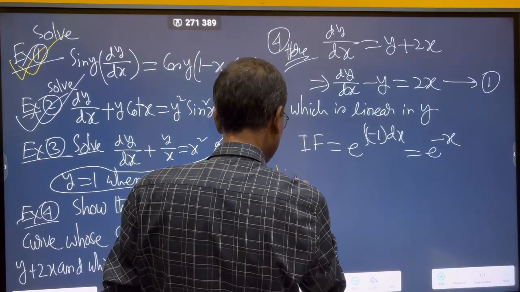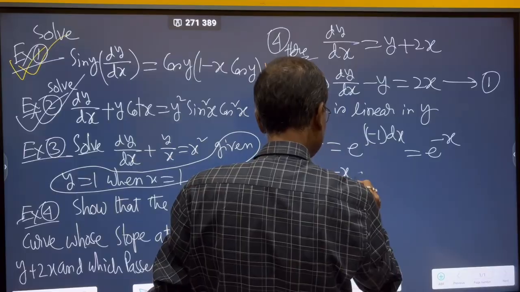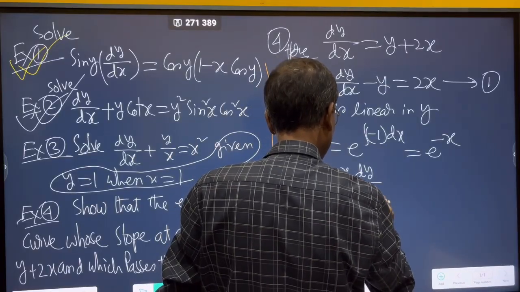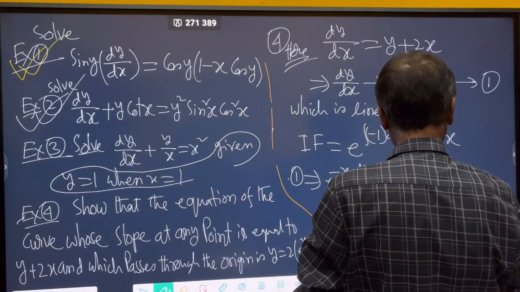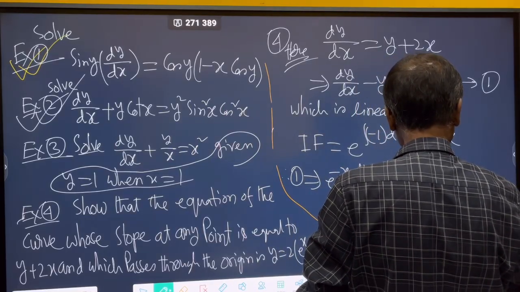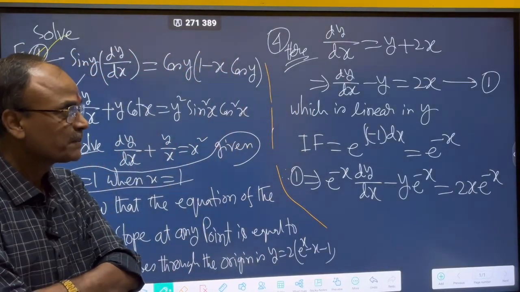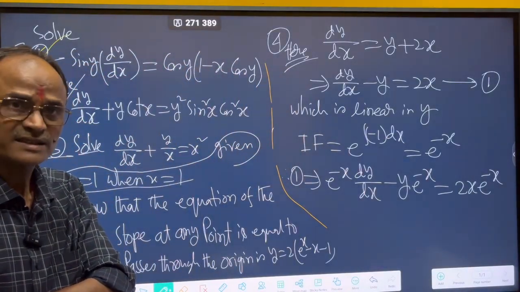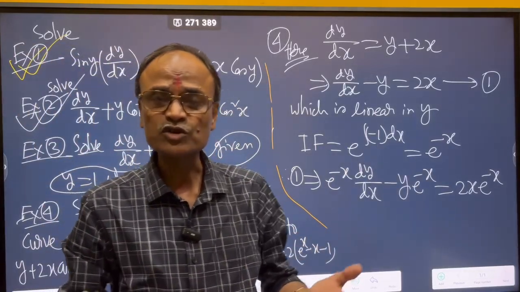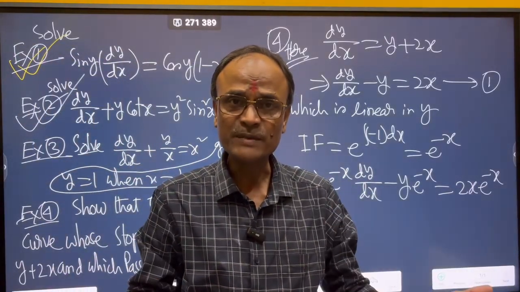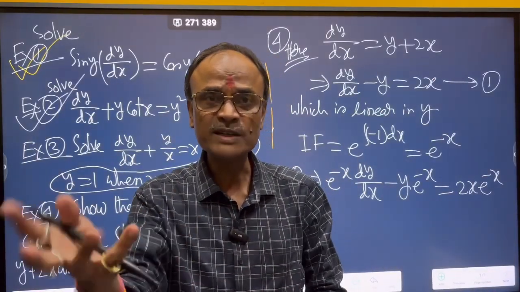Therefore, multiply by the integrating factor. If you multiply the equation by the integrating factor, then the left hand side will become d dx of the integrating factor into the dependent variable.